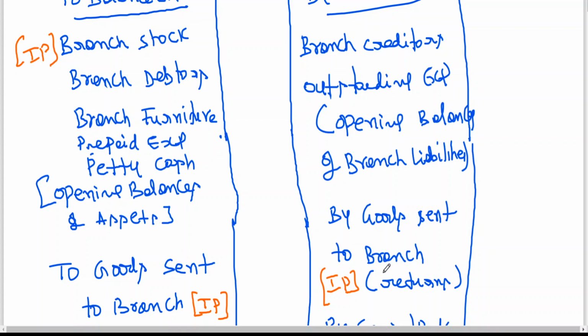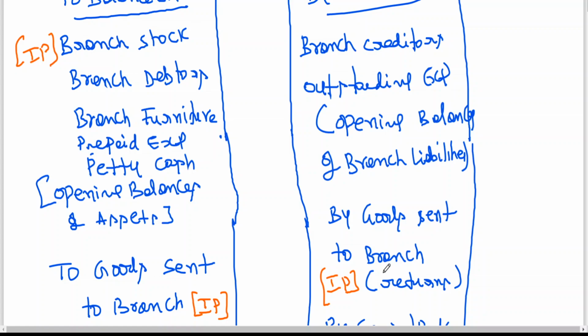So now I'm adding a few more points. Write a note. When goods are sent to branch at invoice price, the loading effect is to be removed in order to calculate the true profit.